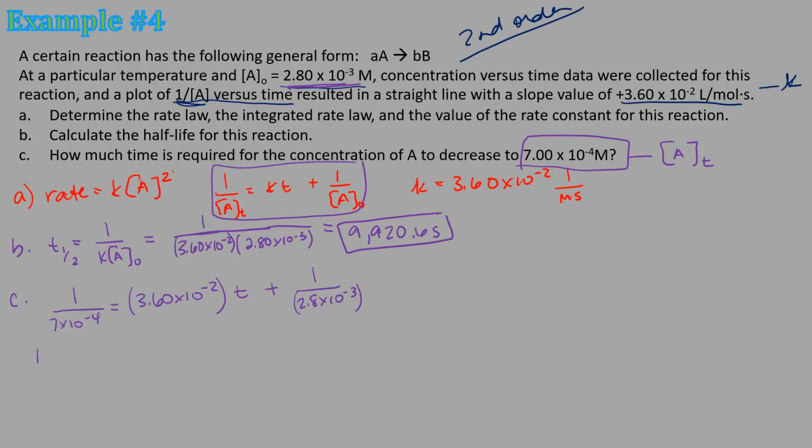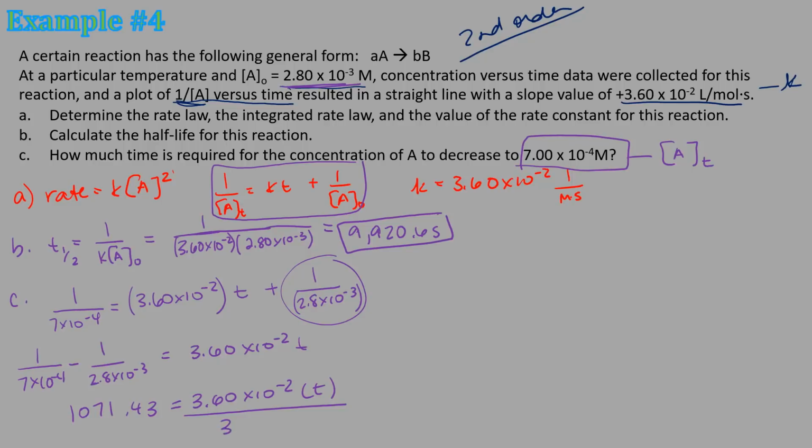Okay, so if I put into my calculator 1 divided by 7 times 10 to the negative fourth minus 1 divided by 2.8 times 10 to the negative third is equal to 3.60 times 10 to the negative 2 times t. So all I did was subtract this from both sides. I end up getting 1071.43, and that's going to be equal to 3.60 times 10 to the negative 2 times t.